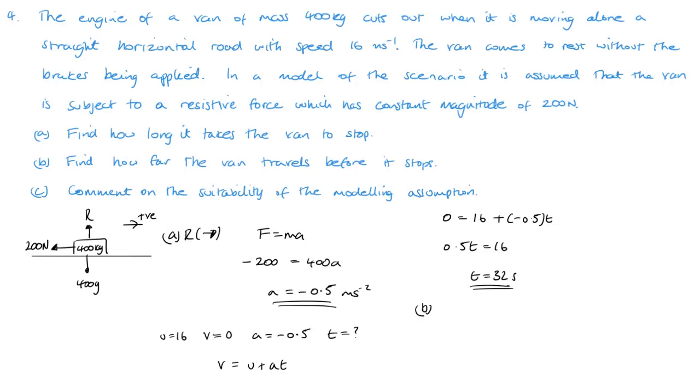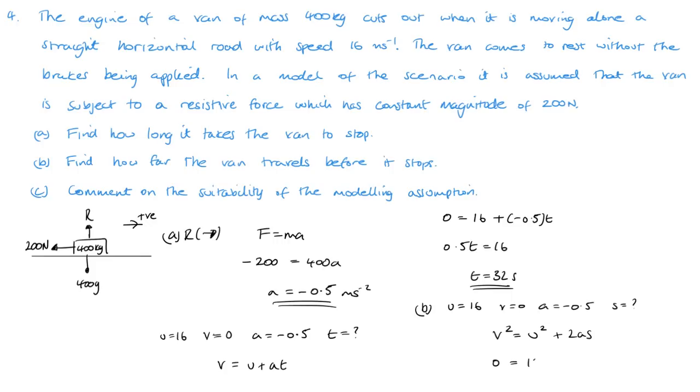Now let's look at B. How far the van travels before it stops. So still the same, but this time we're finding S. So U is 16, V is 0, A is minus 0.5, and we want to find S. So V squared equals U squared plus 2AS.